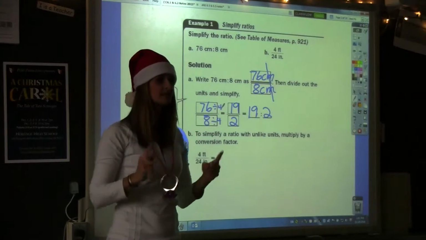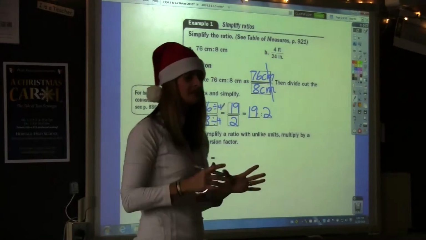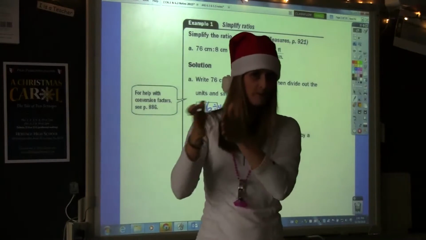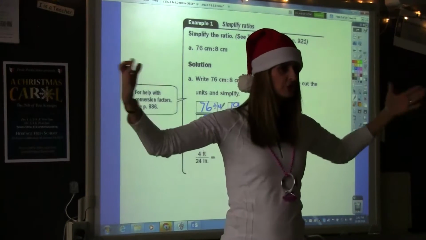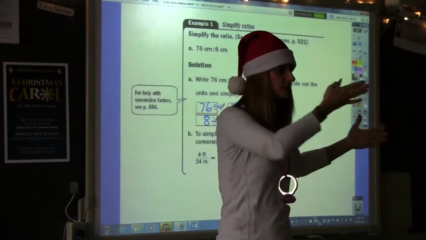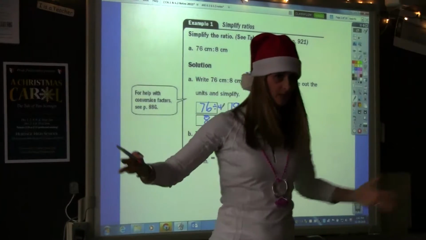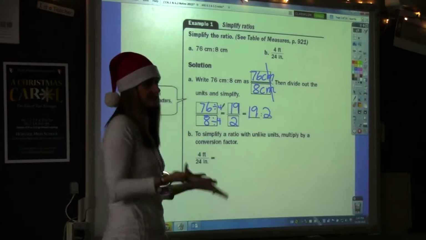We've got to make the units the same first, okay? It's much easier. We've got a foot and inches. Inches are smaller than feet. It's much easier to take the larger unit and chop it up into the smaller unit than take the smaller unit and make it into the bigger unit. I understand in this case 24 inches is exactly 2 feet, but it's not always going to be.